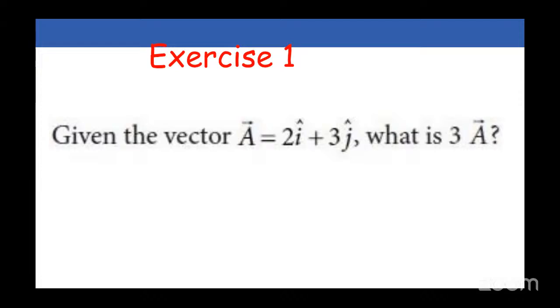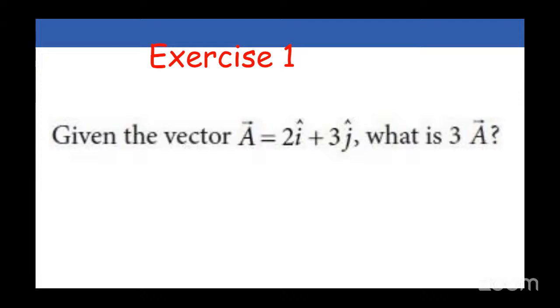Now, the final outcome will be a scalar when a vector multiplies a vector and you apply the dot product method to multiply the two vectors. It will produce a scalar.